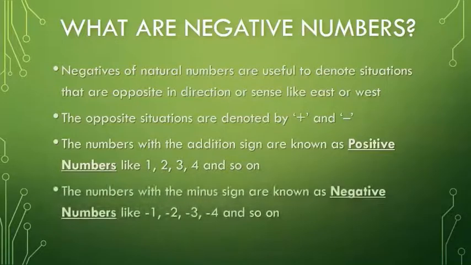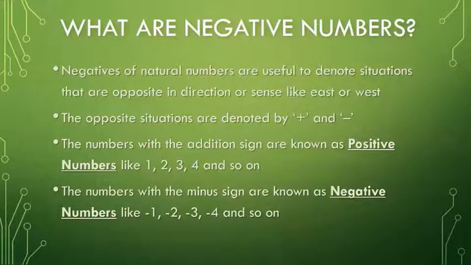The numbers with the minus sign are known as negative numbers, which are -1, -2, -3 and -4 and so on. We write the minus sign in this because if we don't write the minus sign, we will not be able to differentiate between positive numbers and negative numbers.